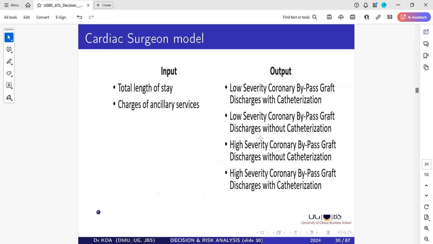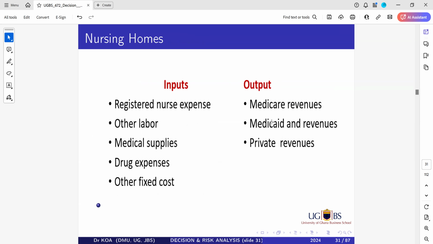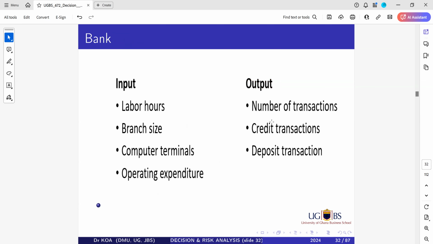In the cardiac surgeon, these are some of the inputs and output. In nursing homes, these are some of the inputs and outputs. In banks, you can see that banks is something we considered already. Labor, branch, computer terminals, expenditure. Then on the right side, you have transactions.